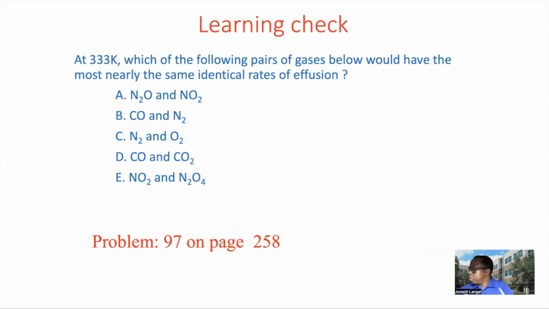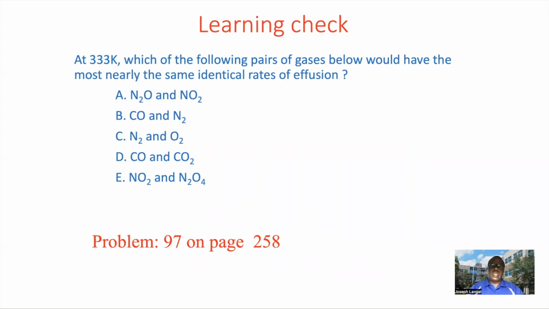Here is a conceptual question on the same. If you are asked, at 333 Kelvin, which one of the following pairs of gases below will have most nearly the same rate of effusion? Effusion is the movement of particles through a hole. We'll see momentarily the difference between diffusion and effusion.